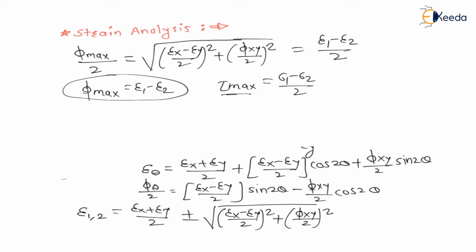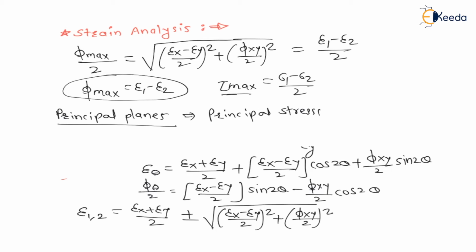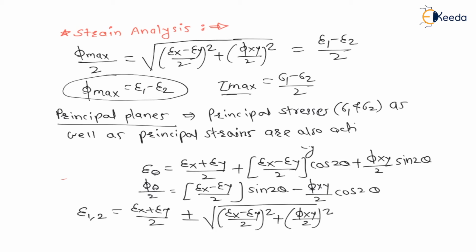Now about principal planes. Principal planes means the planes on which principal stresses are acting. But on principal plane, principal strains are also acting. Means on principal plane, principal stresses, that is sigma 1 and sigma 2, as well as principal strains are also acting, right?